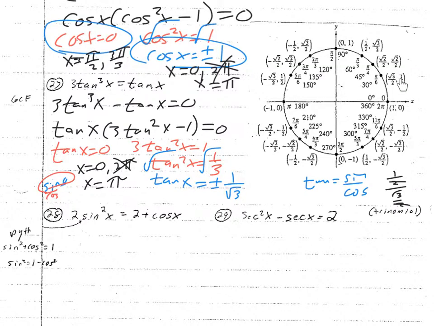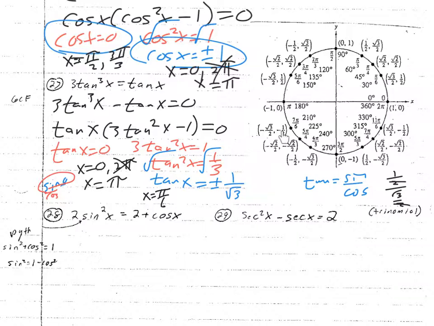So the first time this happens, and really what I'm doing is just looking at the top values, because I know the 2's are going to cancel out. Sine over cosine would be 1 over the square root of 3 will happen at pi over 6. So one of them is going to be pi over 6. And then, since it's a plus minus, it's probably going to be all 4 of them at the ones with the 6 in the bottom. So if I come over here, I'd have 1 over negative square root of 3, which would be at 5 pi over 6.